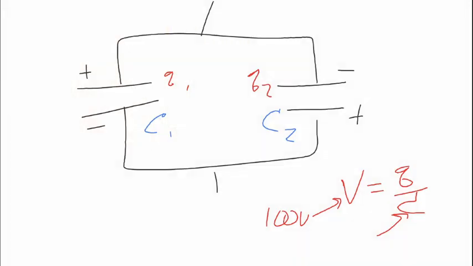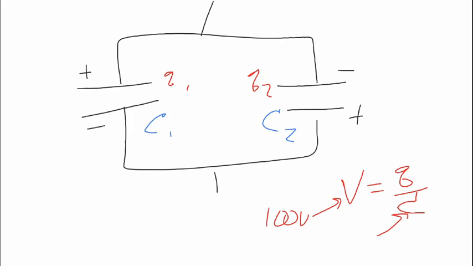Okay, so once we've established this, and we find our initial charge on each, the next thing that we want to do is find the net charge. Ordinarily you'd have some sort of sum where you'd add them together.